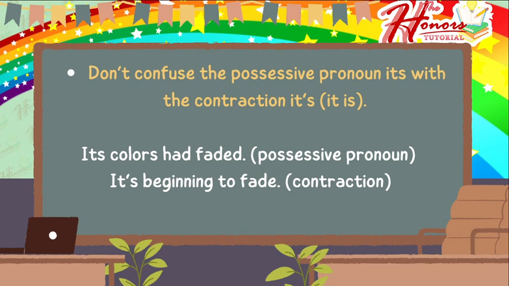This is an example of a possessive pronoun. We have the possessive pronoun its, and then the noun that it indicates, which is colors. But in the second example, it's beginning to fade. It is beginning to fade. This is not a possessive pronoun. Therefore we need an apostrophe here because this word it's is a contraction. Do you get it? Alright, very good.